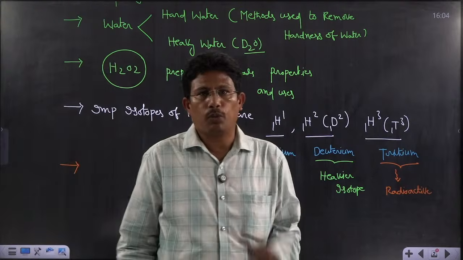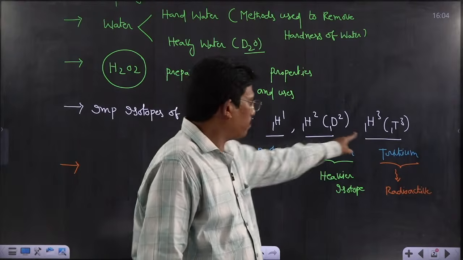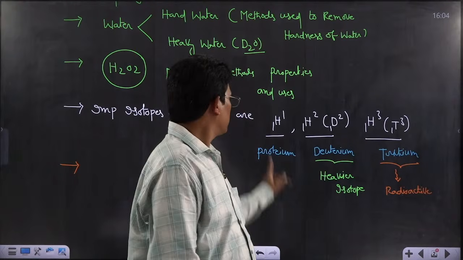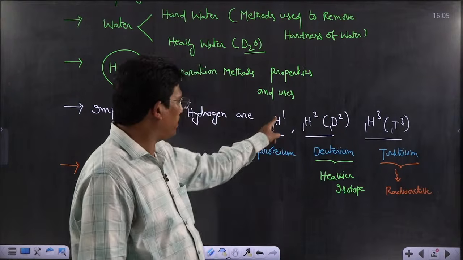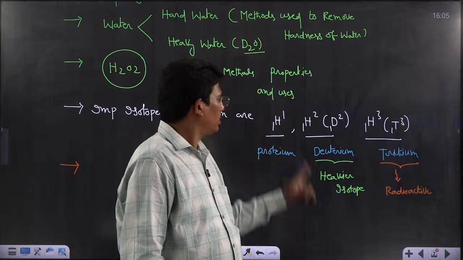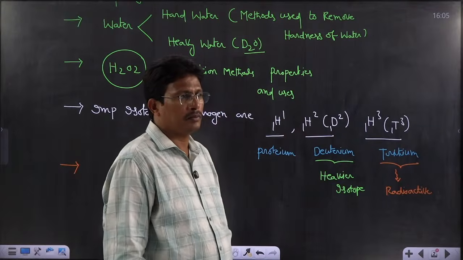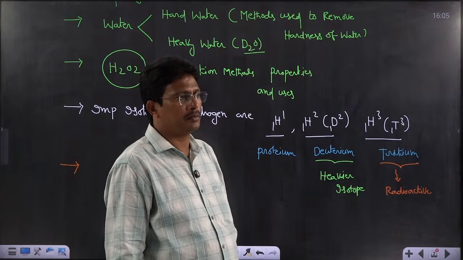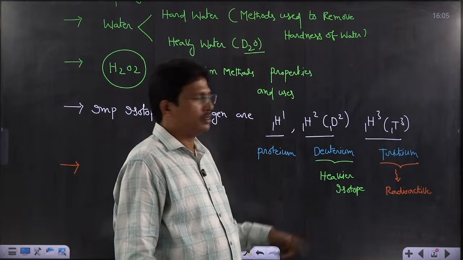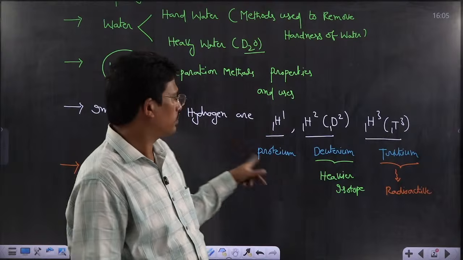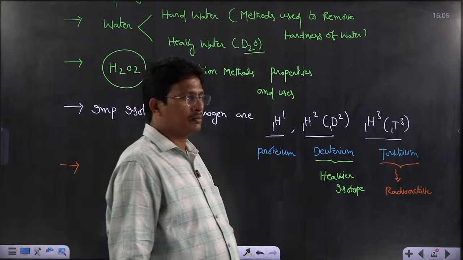All these isotopes have the same atomic number but different mass number. That means isotopes mainly differ in mass number, number of neutrons, and physical properties. Isotopes have similar atomic number, number of protons, and number of electrons. Okay.